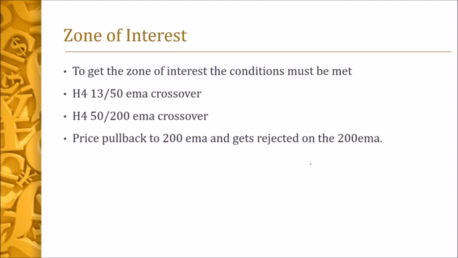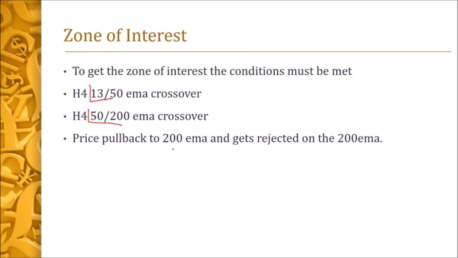So this multi-session M or multi-session W should occur in the zone of interest. To get the zone of interest, these conditions must be met. The first condition is 13 EMA and 50 EMA must have a crossover. The second condition is 50 EMA crossing 200 EMA.